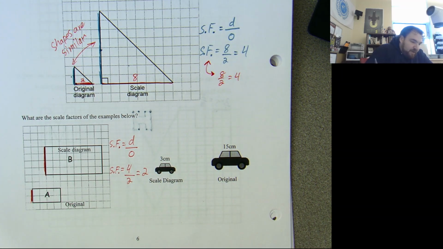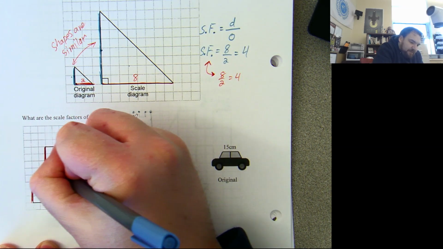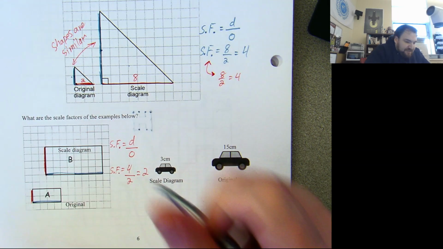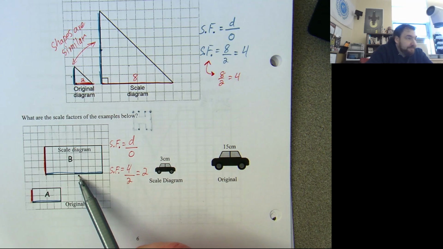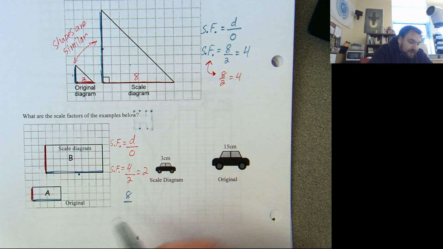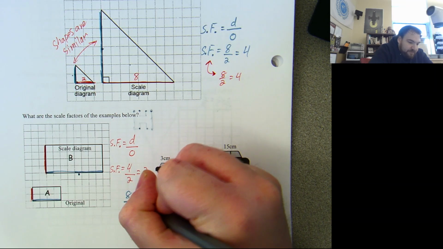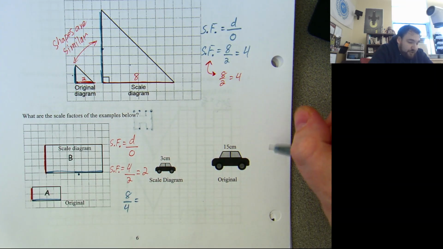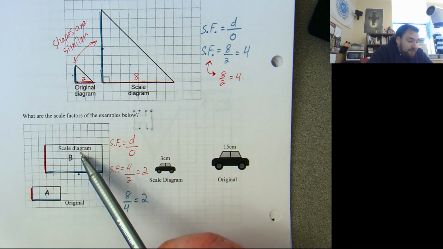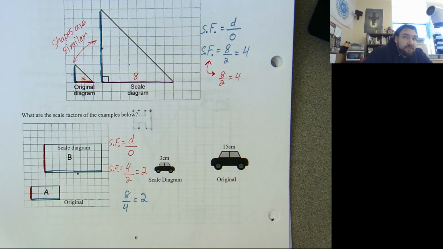Now let's just check the other one, make sure the scale factors are the same. Let's use the bottom edge this time instead. What's this bottom length? It's 8. And this one's 4. 8 divided by 4 is 2. I have the same scale factor. So the scale factor is, this diagram is twice as big as the original.